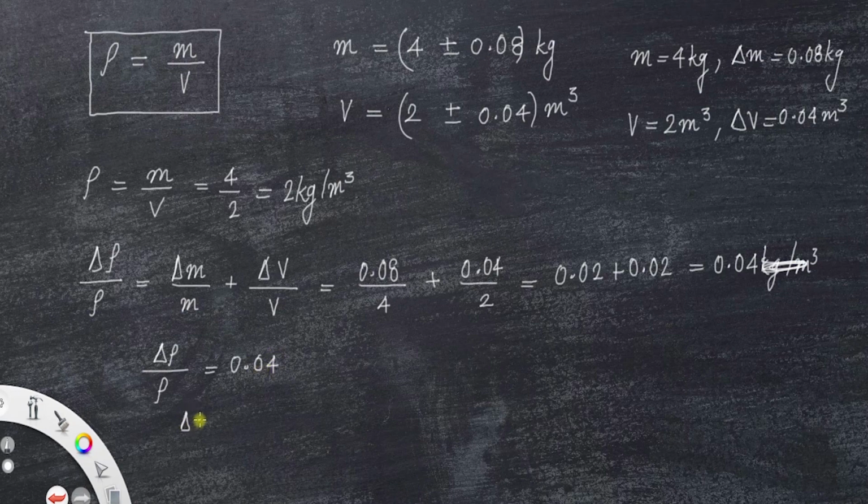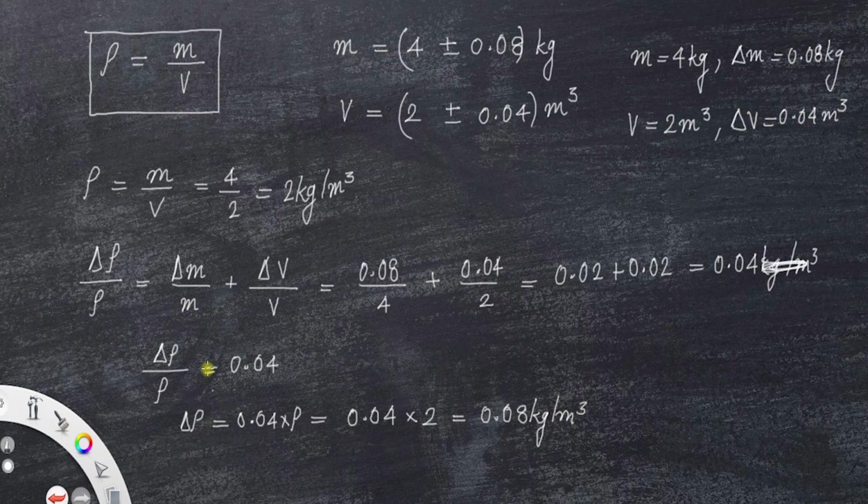Now the absolute error in density is equal to 0.04 into rho. But we already found rho is equal to 2. So that is equal to 0.08 kilogram per meter cube.